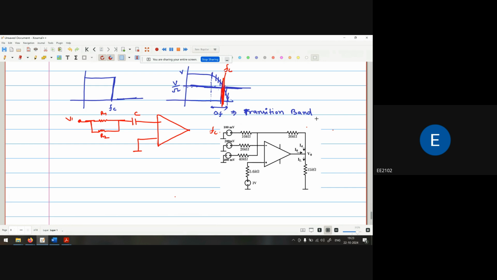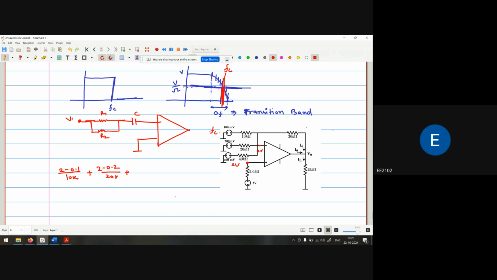So this point is 2 volts. This point is also 2 volts. If I apply the KCL, what will happen? (2 minus 0.1) divided by 10K, plus (2 minus 0.2) divided by 20K, plus 40, that is equal to, we can also add, (V naught minus 2) by 30K.